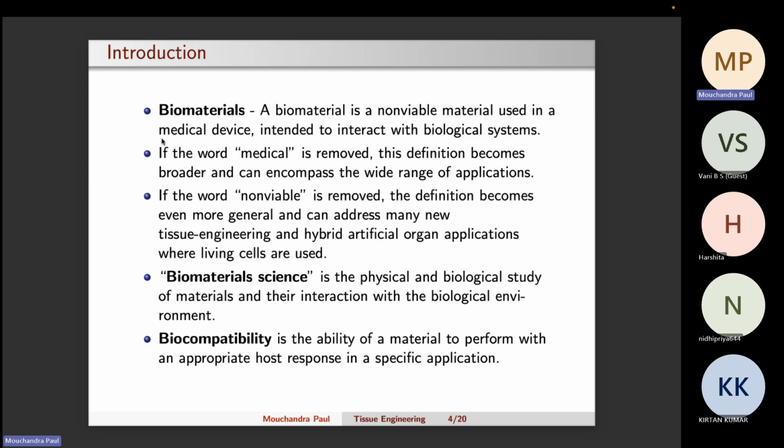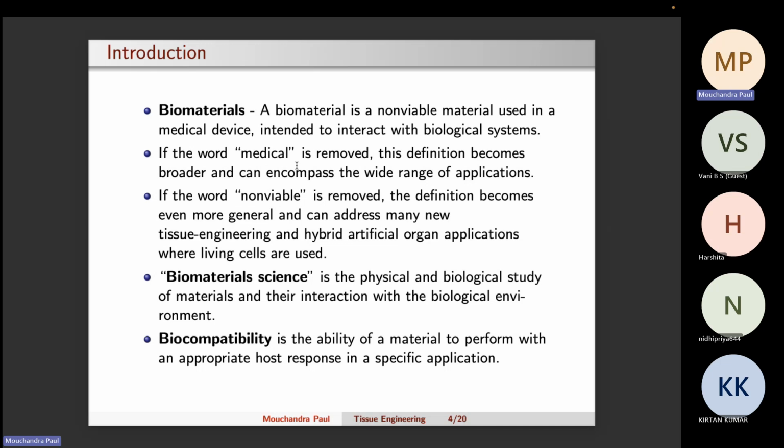Now, if you remove the words medical device from the definition, then a much wider variety of materials will come under the umbrella of biomaterials. What I'm trying to say is a material need not be used only for making medical devices.